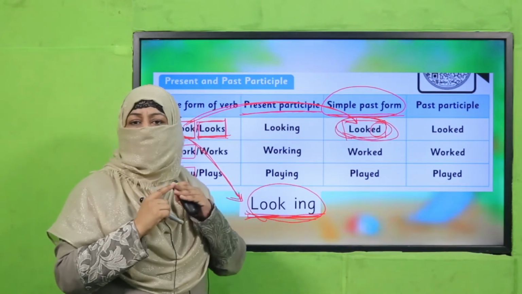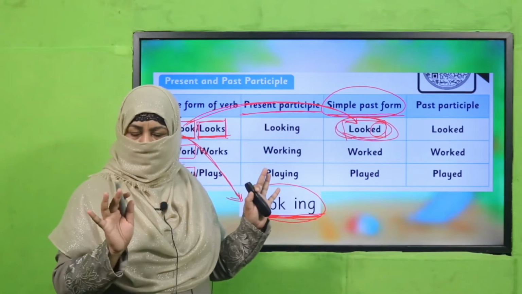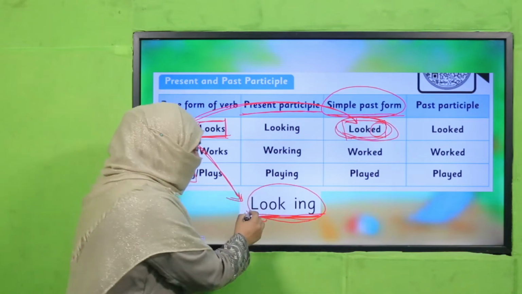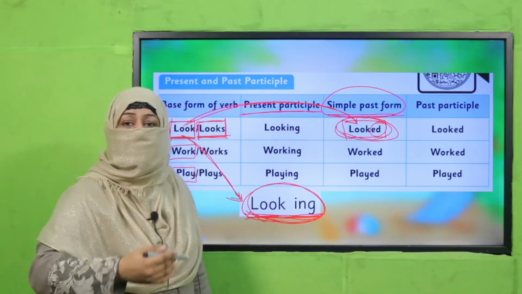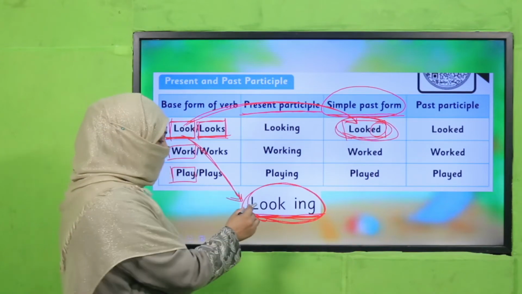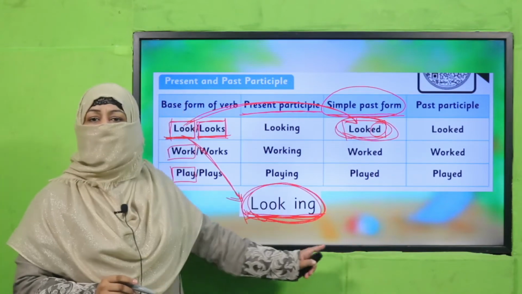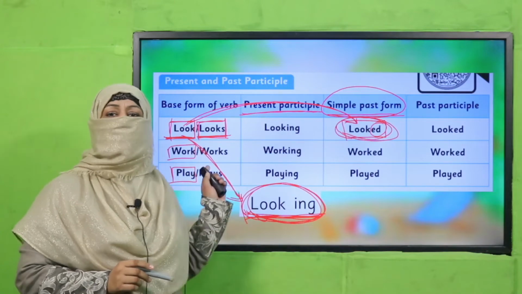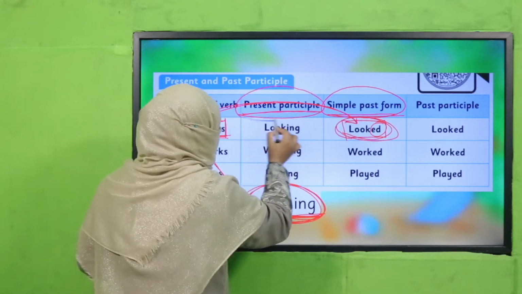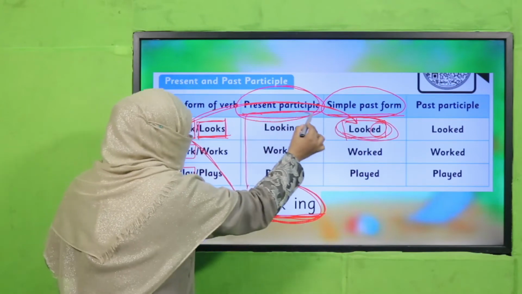I look at the sky. Okay, so this is simple, right? But I'm looking at you. So my action is still in process, still in progress. That's why I have used the present participle by adding ing to the base form of the verb. Do you understand? So beta, this is a new thing, present participle. We are learning it for the first time.